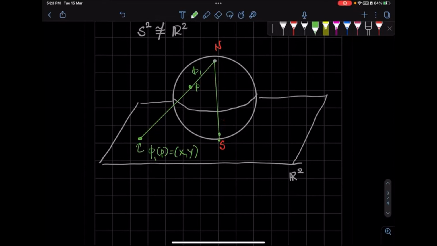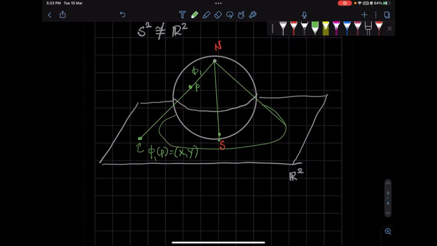And all the points on the equator will be projected onto a circle. It's going to be some circle, right? But the North Pole itself is an ambiguity.